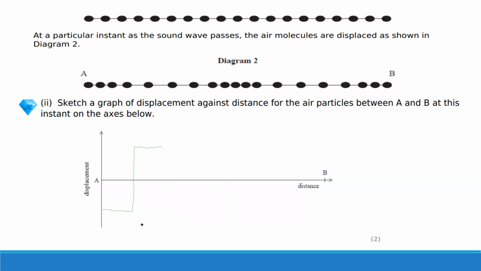I actually really like this graph, even though it's completely wrong. It's a very good graph. Go on, Saleh, draw what you think it will look like. Sir, I have no idea. My brain is blank here.